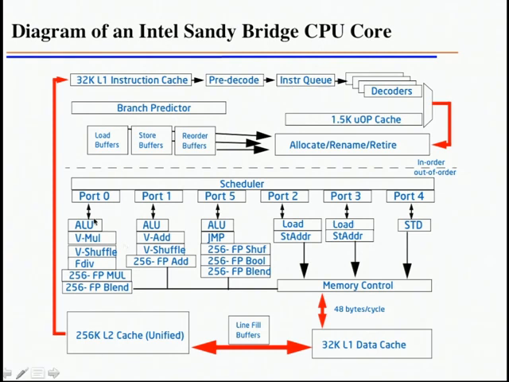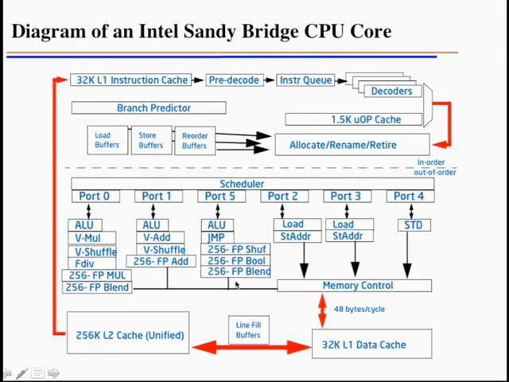And you see that this execution unit is split into several independent parts, or ports as they are called here, which may work on independent parts of your pipeline. Above that, of course, you have to have a scheduler that tells the CPU which port should execute what instruction.